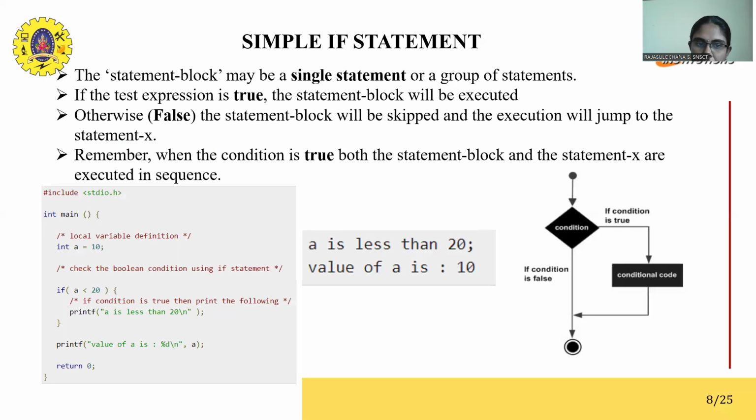If A is less than 20, the message "A is less than 20" is printed. If it is greater than 20, the value of A will be printed. That message will be printed if the test expression is false. Here the value of A is 10, so it is less than 20, the condition is true, which means the expression evaluates to true. So the message "A is less than 20" will be printed.